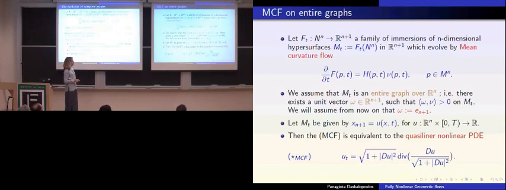So we may assume that it's a graph in the direction of the x_{n+1} axis. In other words, it's given simply by the graph of a function u. And of course, if you evolve by mean curvature flow, this reduces to the well-known quasi-linear PDE on the height function u.